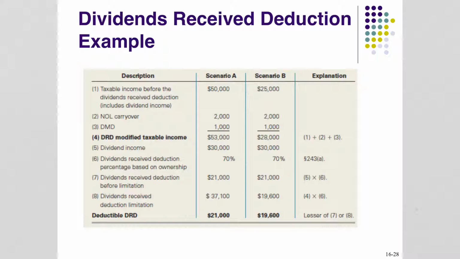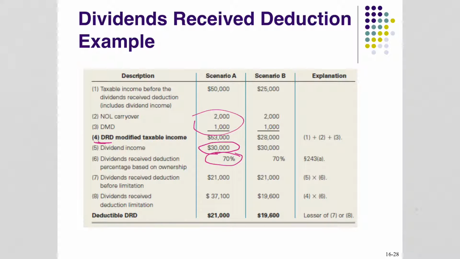Here's an example. You can go through it. Taxable income before the dividends received deduction. These are the modifications that you see here to get to dividends received deduction modified taxable income. Here's the dividend income, and the dividends received deduction is based on the percentage of ownership, as we saw before.